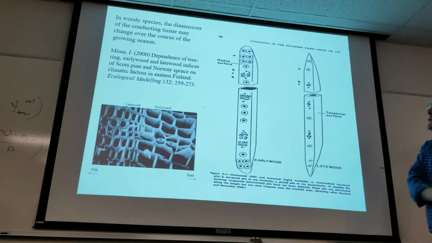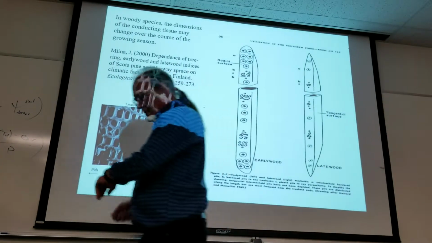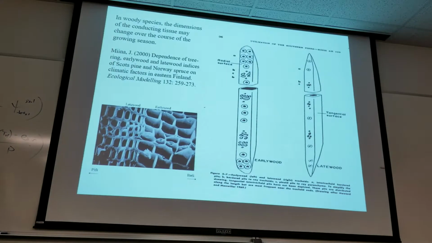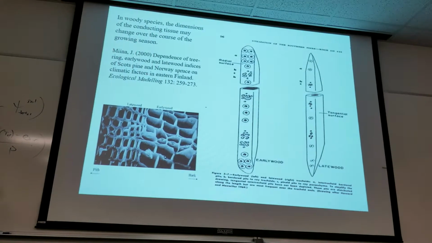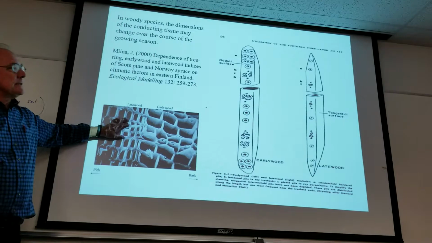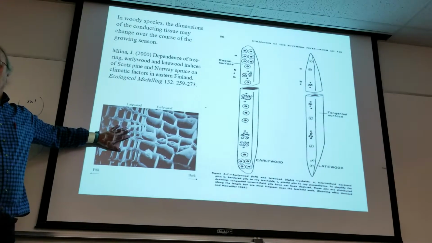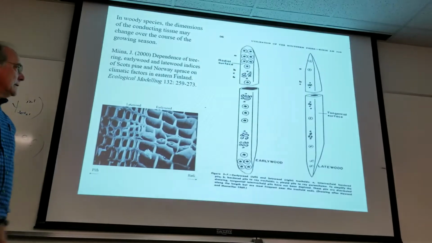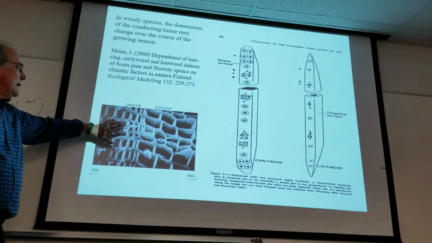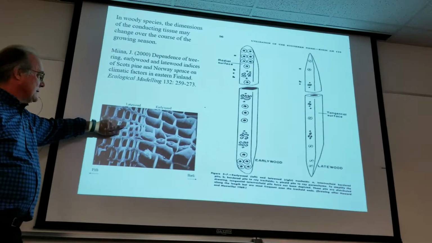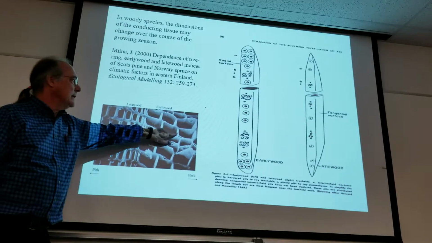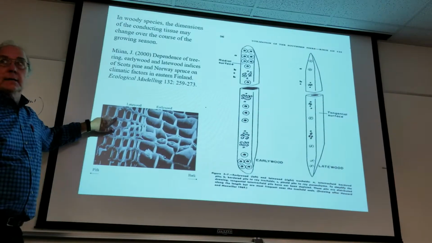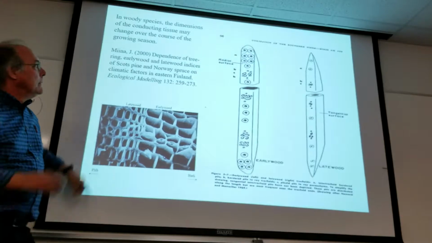Okay, so in woody plant species, like an oak tree, the size of these vessels is different depending on the environmental conditions that prevail when they're formed. Typically you see big differences in the vessels that are formed early in the growing season versus late in the growing season.